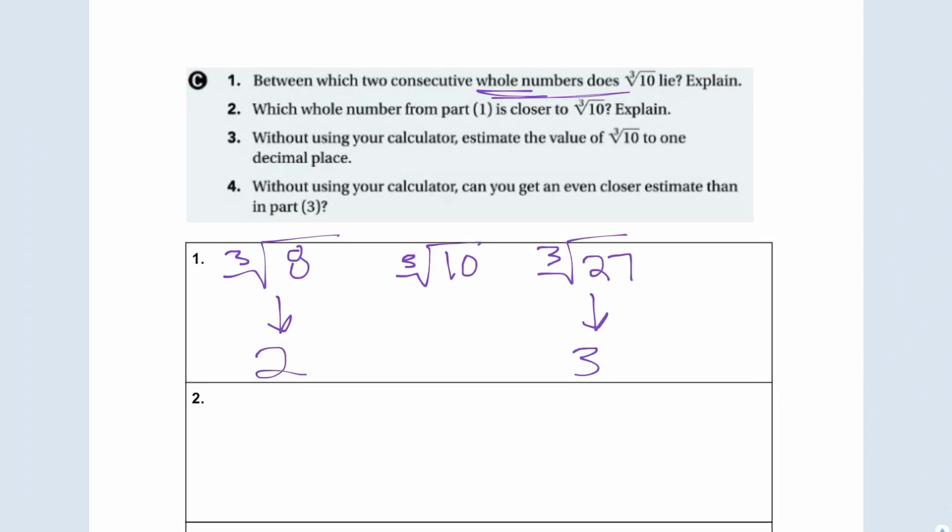So if I were to take a guess, right, I'm looking at the numbers that are underneath the cube root signs, and 10 is definitely a lot closer to 8 than it is to 27.